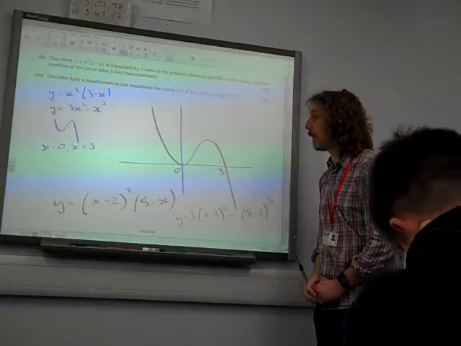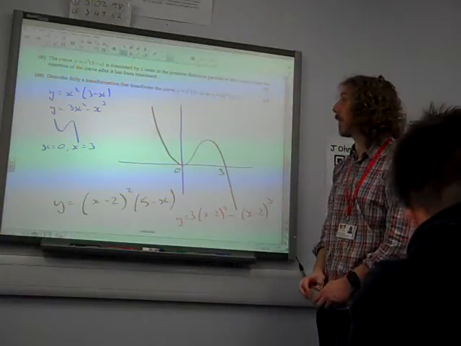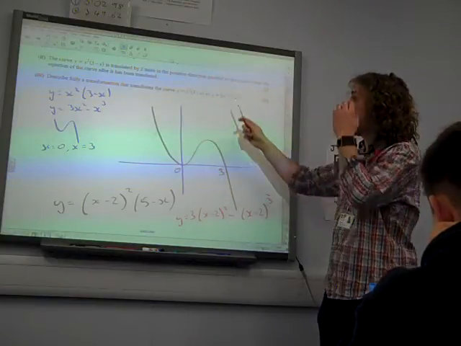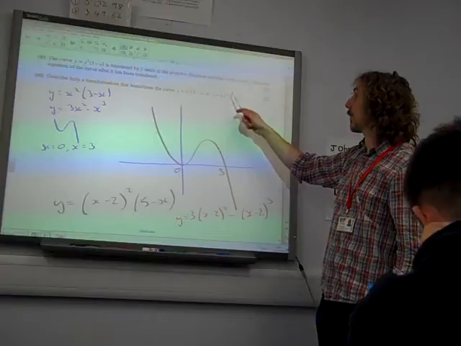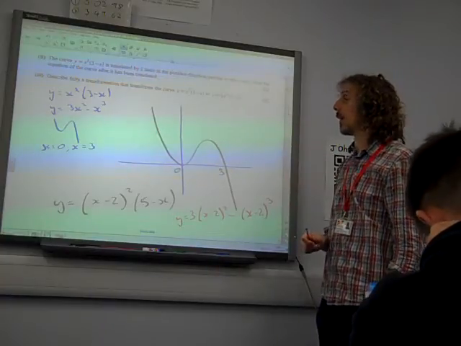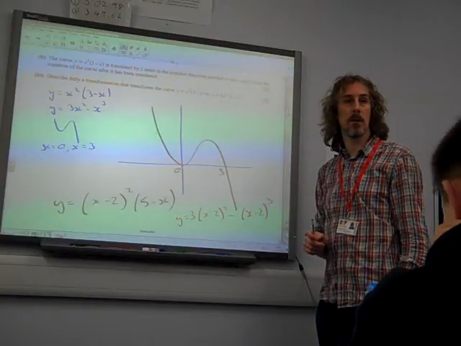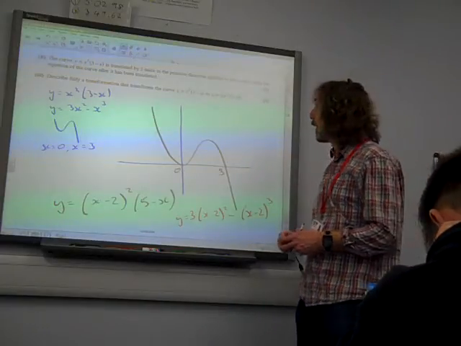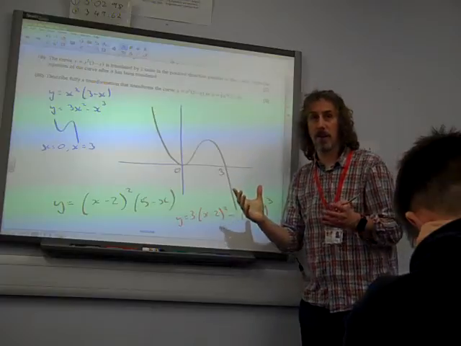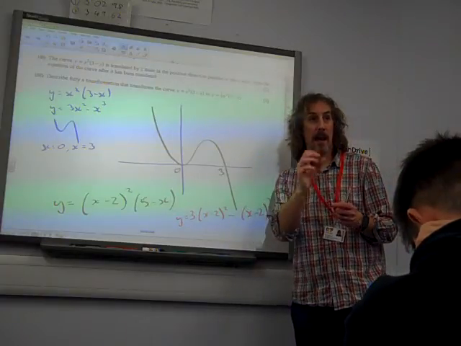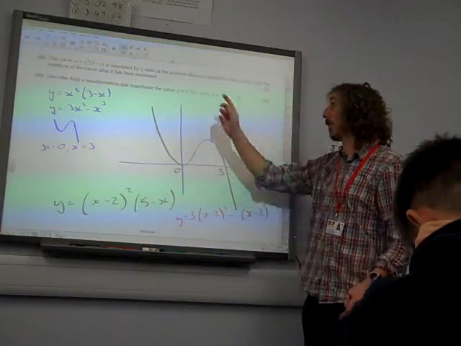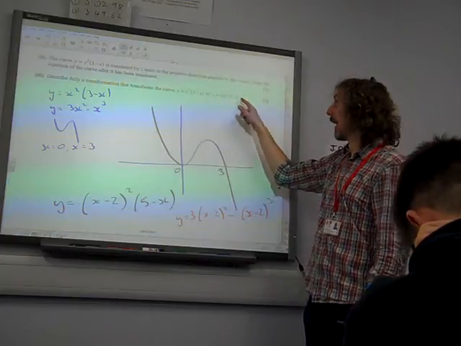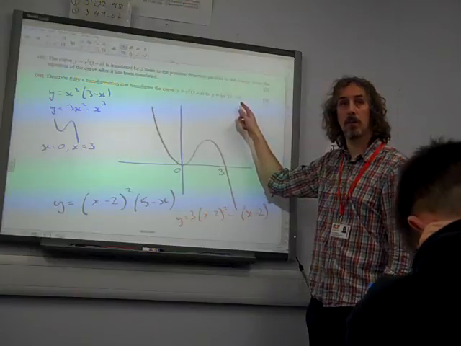Now, describe fully a transformation that transforms the curve y equals x squared (3 minus x), the curve we're dealing with, to y equals a half x squared (3 minus x). So we're looking at what has happened to this graph. It's not that x has been replaced with something, because the x inside the bracket hasn't changed at all.